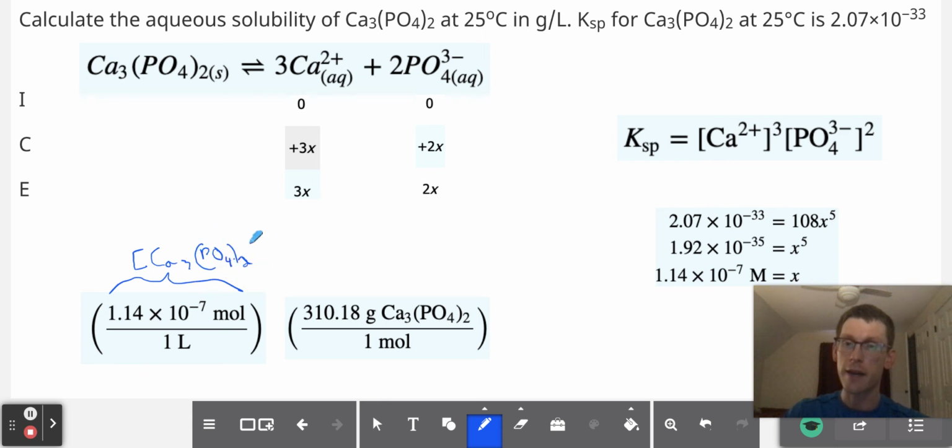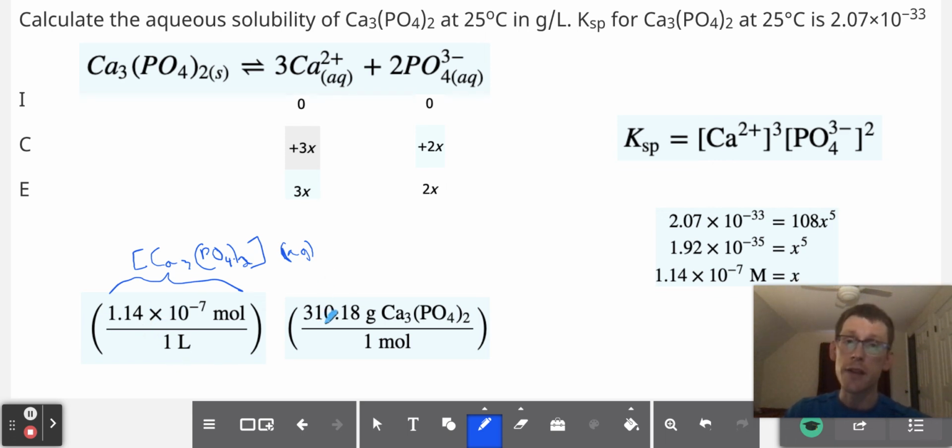If we can say that, then we can multiply this, because we actually have at this point the molarity of saturated calcium phosphate is this many moles per liter.